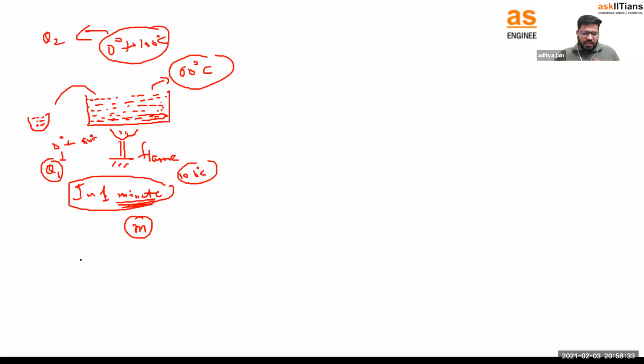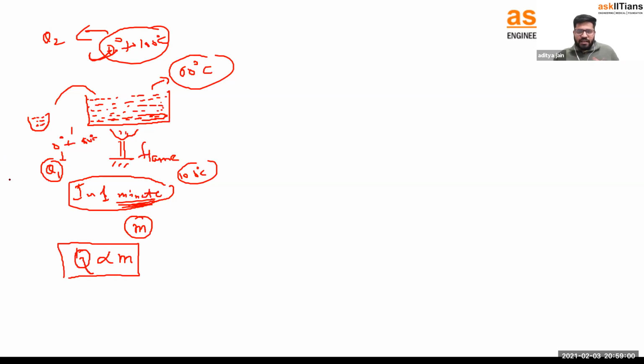So if the temperature increase is the same, from 0 to 100 degrees centigrade in both cases, can I say the heat required to raise the temperature of water, for equal increase in temperature, is directly proportional to the mass of water? Yes or no? If the mass of water is more, more heat will be required for the same amount of increase in temperature. Getting my point?